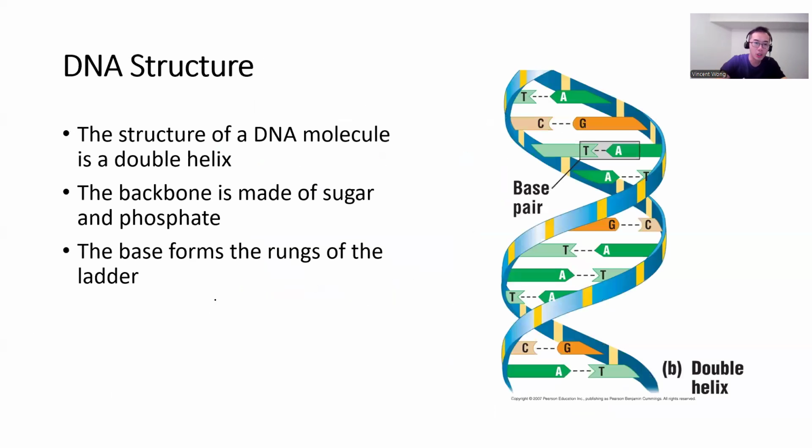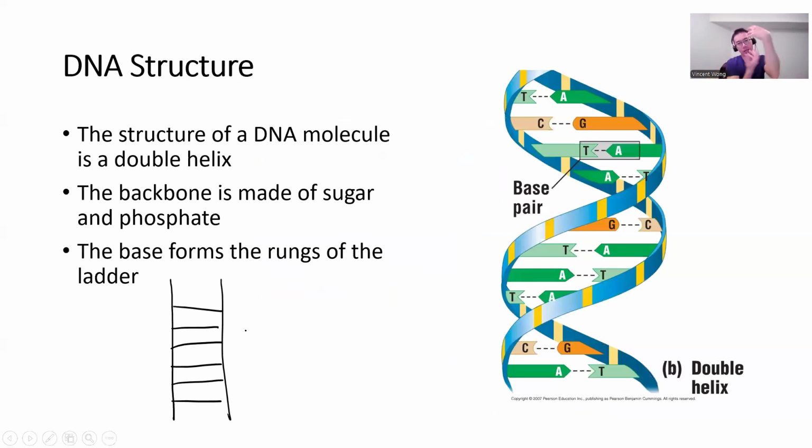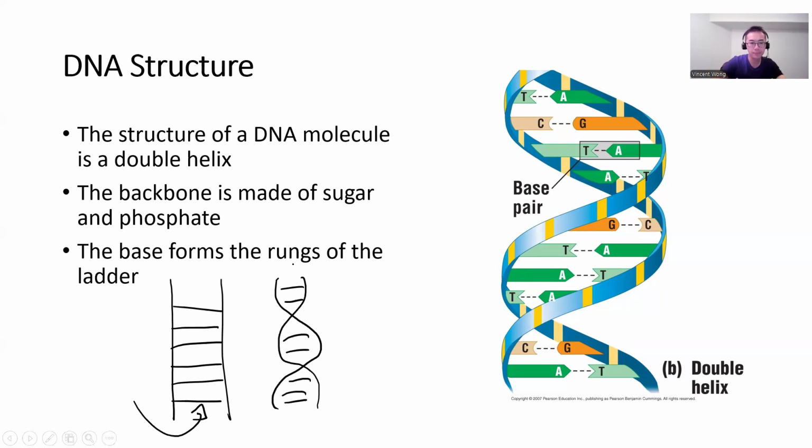The DNA molecule is like a ladder. Think of a ladder that you can climb on, but you twist it up so it becomes like a spiral. The rungs of the ladder that you climb on are basically the nitrogenous bases, whereas the sides of the ladder are the sugar phosphate backbone.